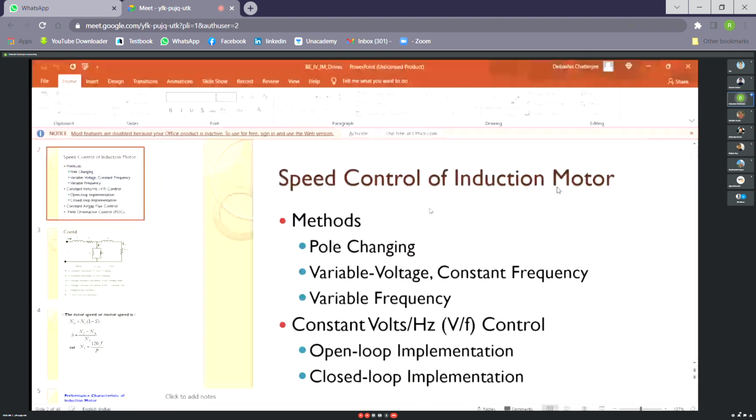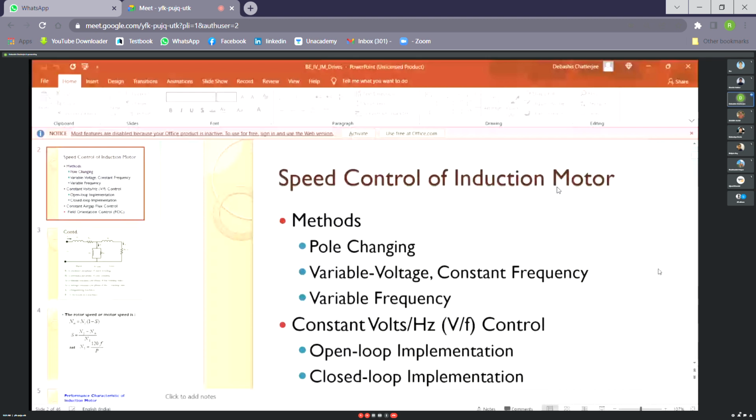And then the third one is to vary the frequency, a direct variation of synchronous speed. And then the other methods are constant volt by Hertz control. We will see what the difficulties are in the above three techniques, and then they will be overcome by these methods, maybe open loop and closed loop for constant volt by Hertz.